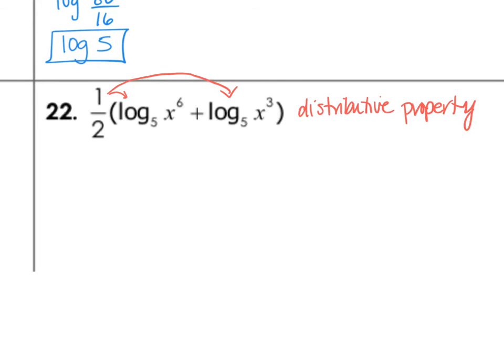And I can distribute that 1/2 to the log base 5 x to the 6th plus 1/2 log base 5 x cubed. So now that I have it distributed, now I can use the power property.